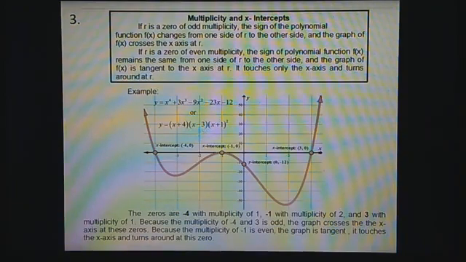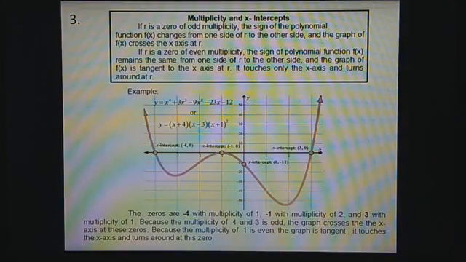Ulitin ko ha, yung multiplicity na yon ay dinidetermine sa factored form doon sa power ng factor. So, ang power niya is 1. Ito namang x minus 3, ang power niya is 1. So, odd number yung power. So, yung x-intercept mo ngayon na negative 4 at saka positive 3 ay parehong odd multiplicity.